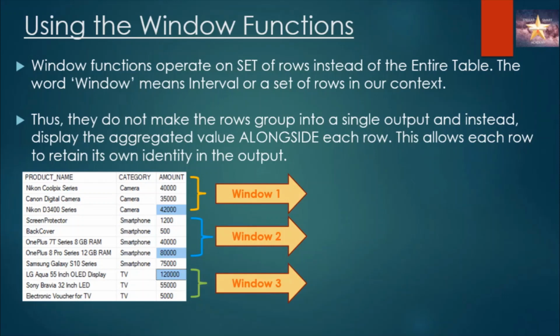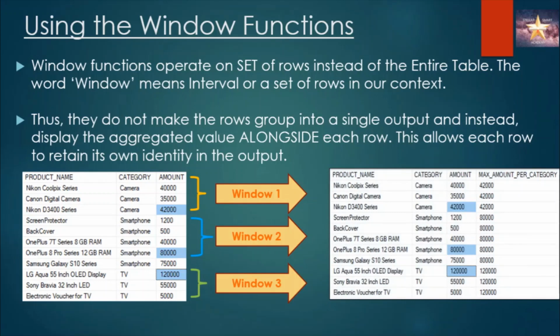And for each of these 3 windows, we will compute the max function individually. So when we see the output, we can see that for each of these 3 categories, the maximum amount per category is displayed right alongside each row which contributed to the aggregation. And if we had 11 rows in the input, all the 11 rows are visible clearly in the output.